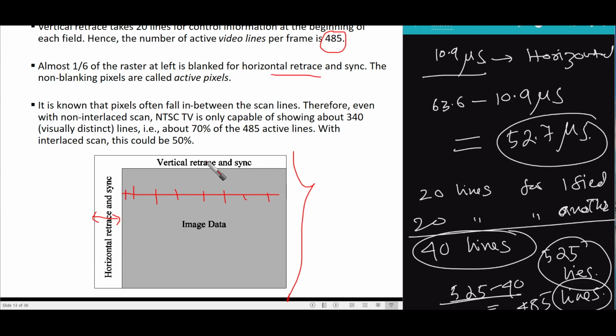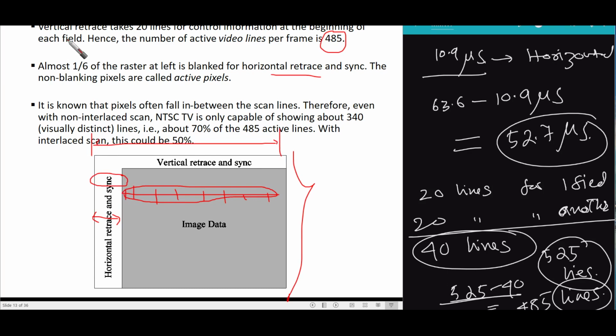But at least we understand that if from here to here is our active line, then we can roughly say that we have this much time for one line scanning. But for horizontal retracing, we need to reserve some space.